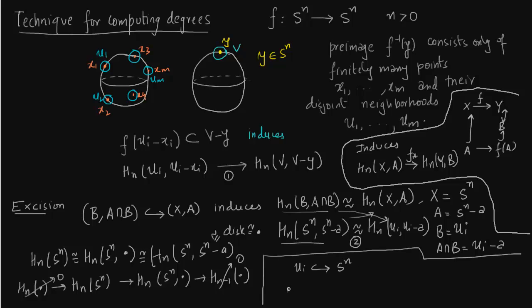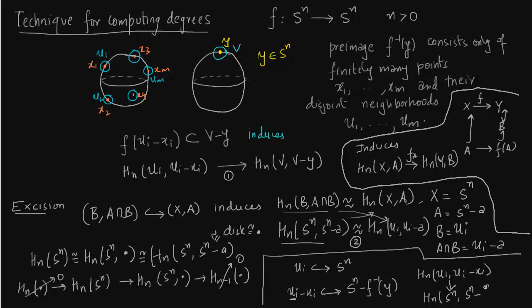So now we are going to write it like this. You have space X, which is ui, and space Y is Sn. So notice the following inclusion map. And this will induce, so I am not writing f here, I am just saying that the inclusion map here is producing this homomorphism of the homology groups.